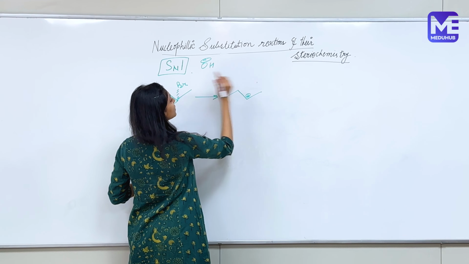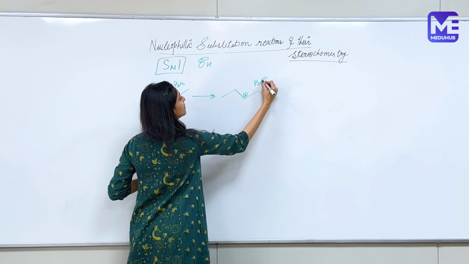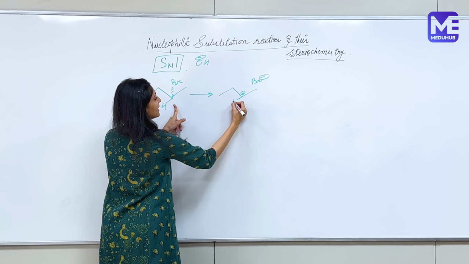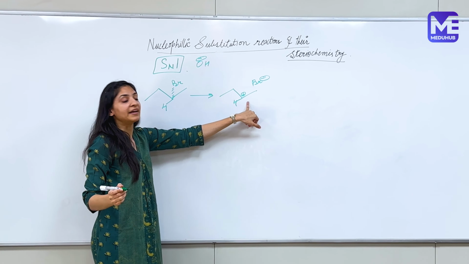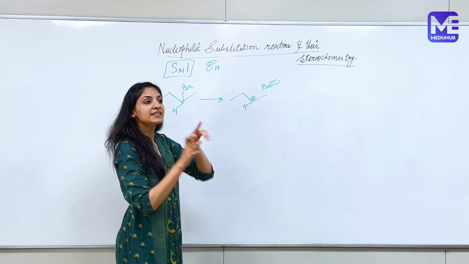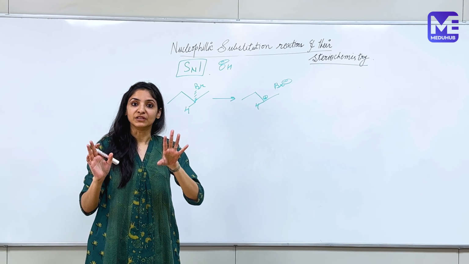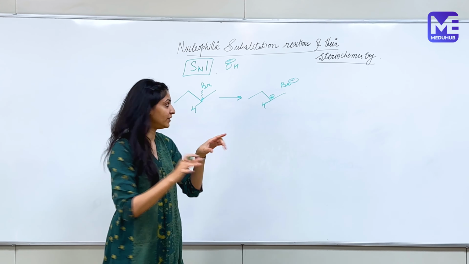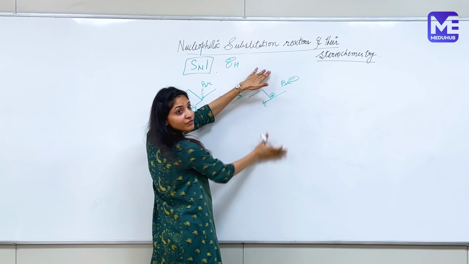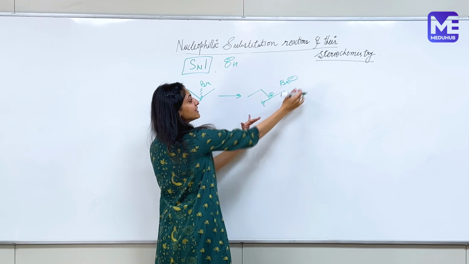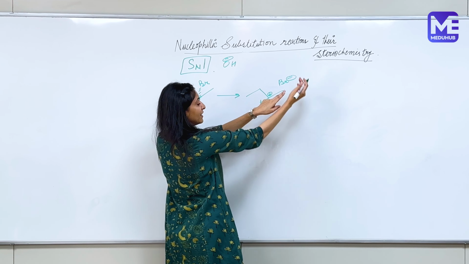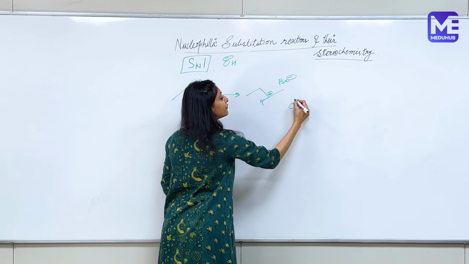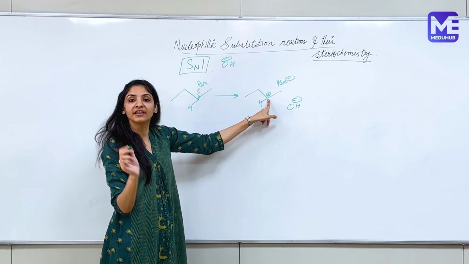The bromide ion will leave here, and the rest stays as it is. Now this carbocation, because there are 3 bonds to the carbon, will assume a planar geometry. So imagine that this is in the plane of the blackboard. The Br minus ion has left, and now the nucleophile is free to attack this carbocation.